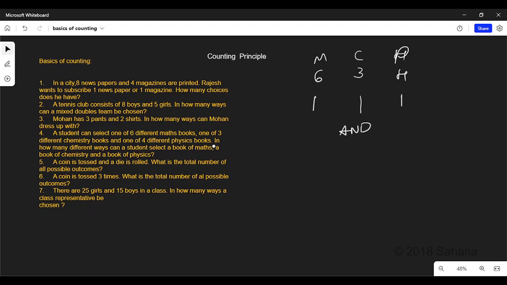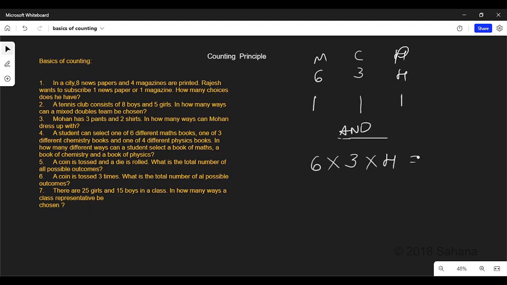Since it is and, we need to multiply the options. There are 6 options for maths book, 3 different chemistry books and 4 different physics books.